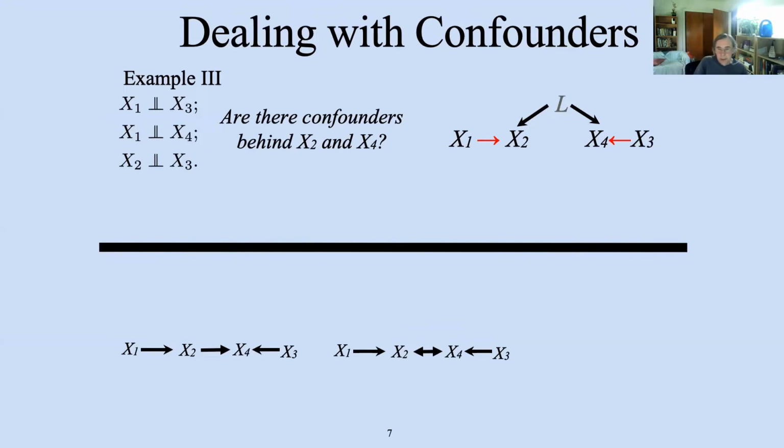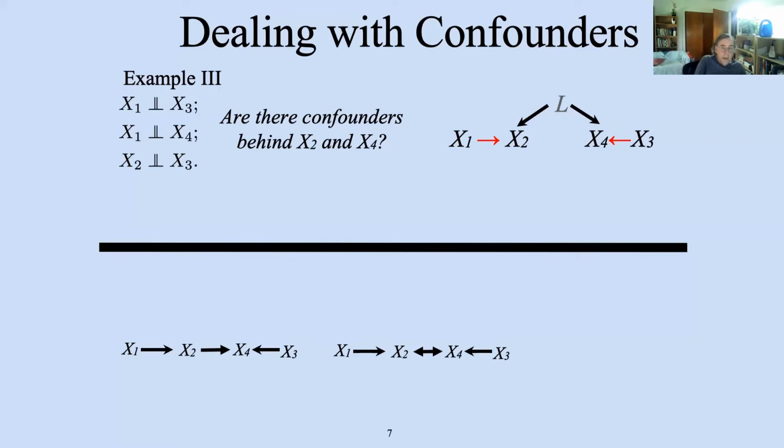And PC doesn't allow you to put in double-headed arrows, so it would have to choose that the arrowhead was on one side and not on the other side. But once it made that choice, it has made an error. It thinks, for example, that x2 causes x4 if it's not allowed to put in the double-headed arrow, even though it doesn't cause x4.